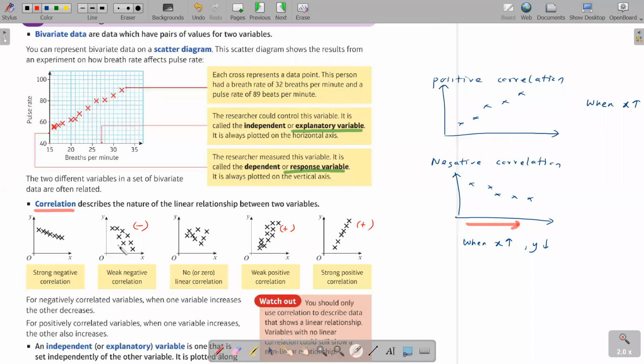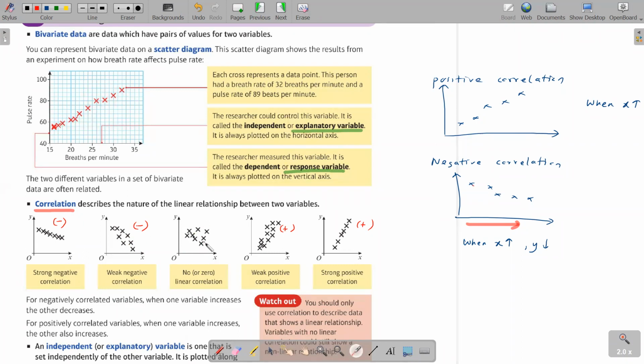There is also a kind of downward trend, but maybe not as closely as the first. The points in the first graph lie very close to a straight line. Over here, there is a downward trend, but the straight line is not as obvious. The points are a little more dispersed.